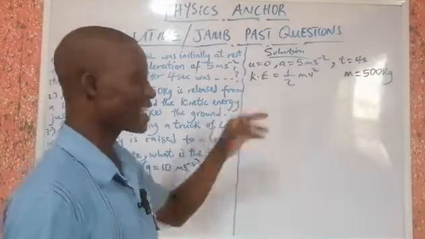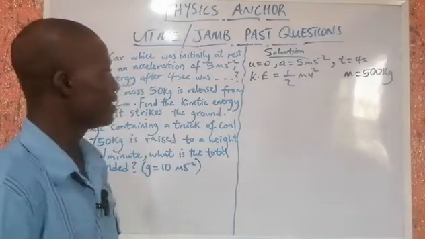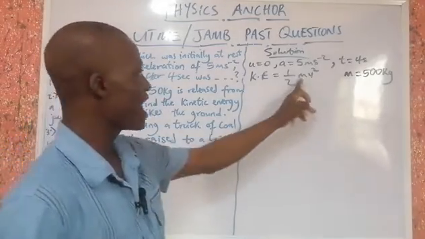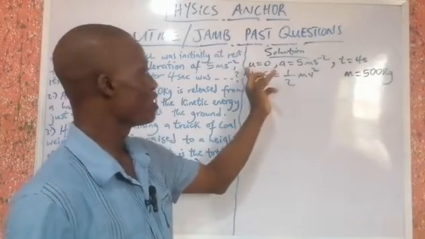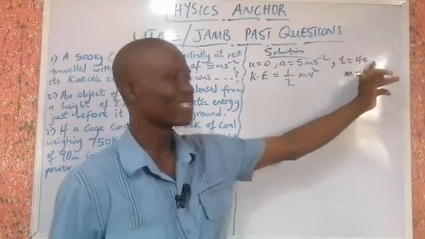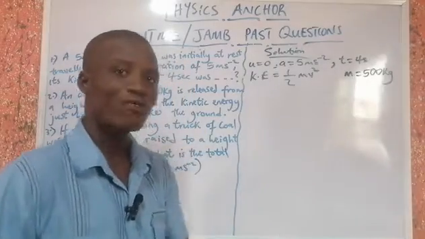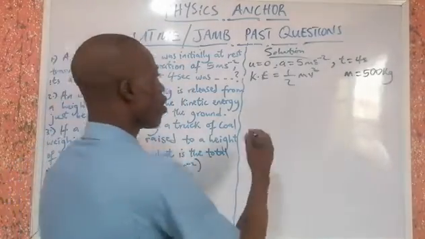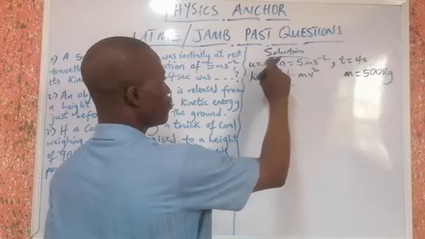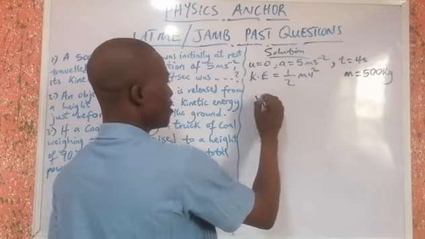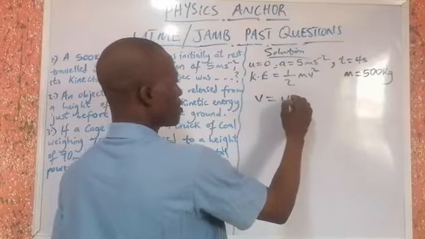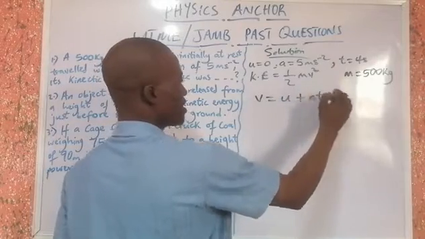To find our kinetic energy, we already have the mass. What is missing here is V. So it means that these parameters given to us must have been a clue for us to get our V. We recall that if we have V, U, A, T, then we can use the first law of motion: V equals U plus AT.